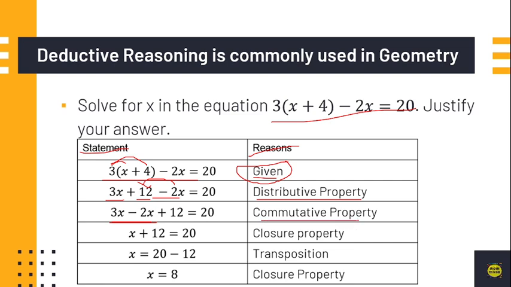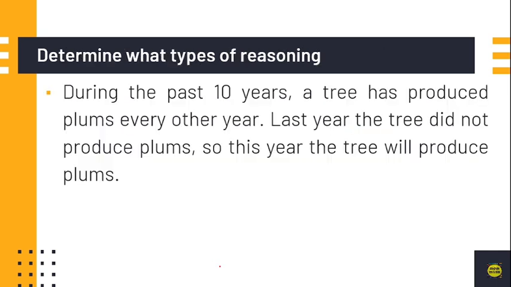Then 3x minus 2x is x, and bring down 12 equals 20. That is the closure property. Then transposition or addition property of equality: 20 minus 12, so x equals 8. That is the closure property. This is how deductive reasoning is commonly used in geometry.